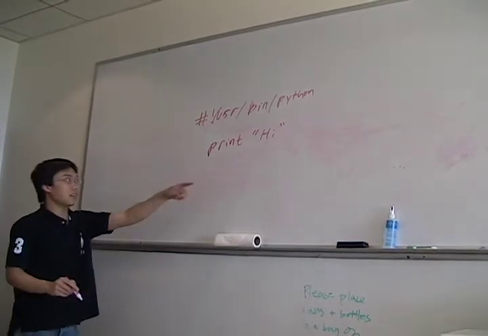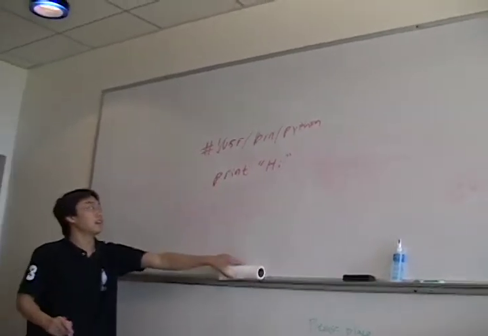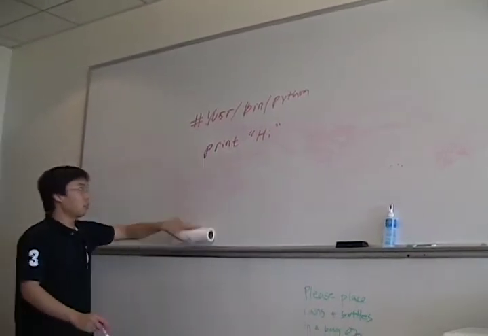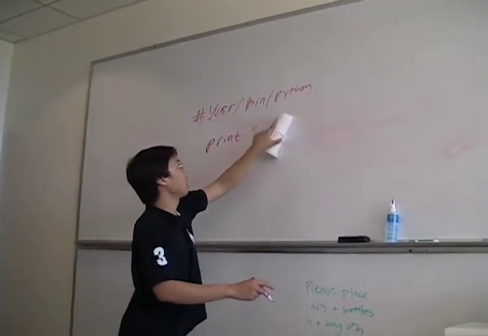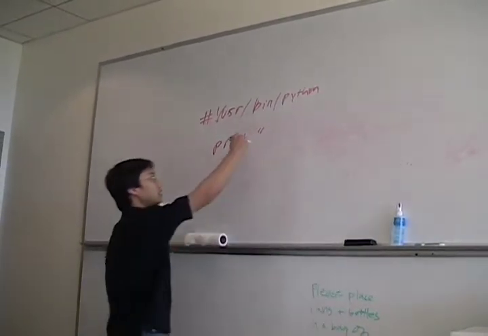Once you execute hate.python, it's going to print out hi. Another thing you can do, print is actually really nice. It's really powerful in the sense that you can do this.